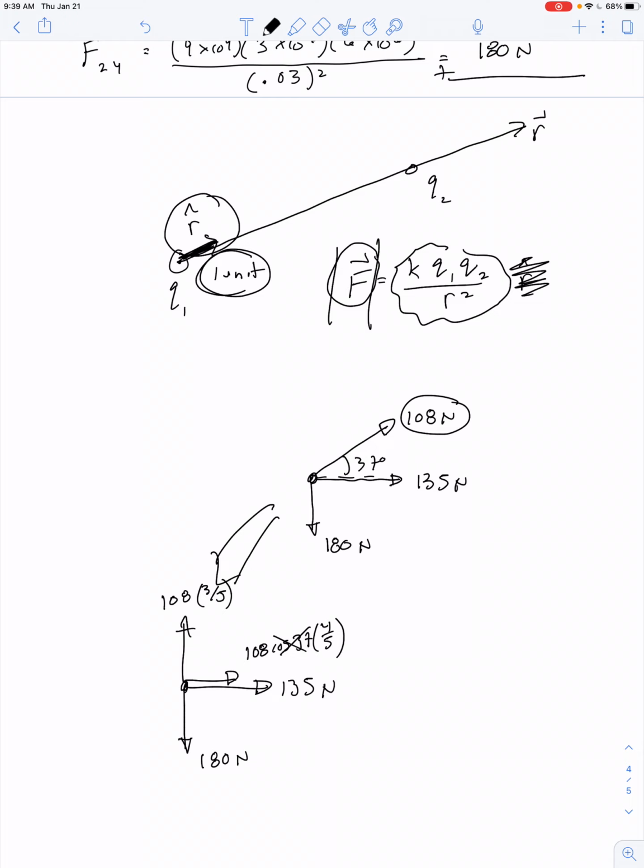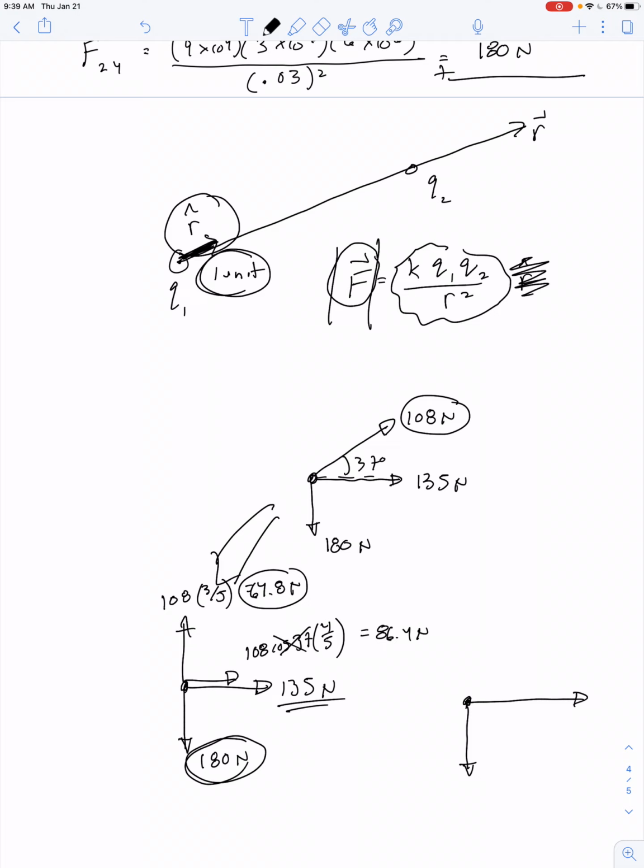Okay, so 4/5 of 108 gives us 86.4 newtons, and 3/5 times 108 gives us 64.8 newtons. So we know that the downward force is greater in magnitude than this upward component. So the end result, we have some downward force component, a large amount of force component to the right.